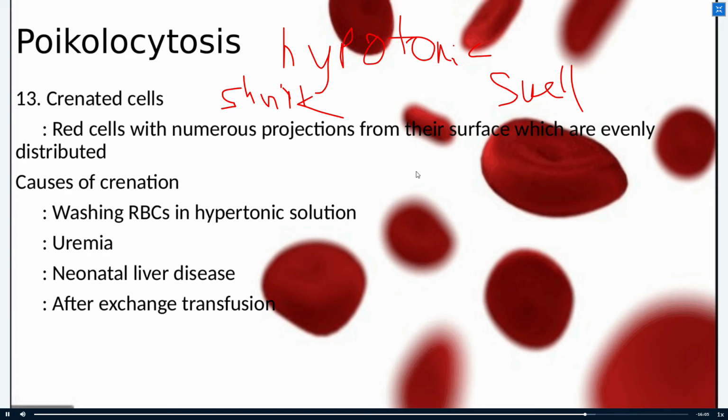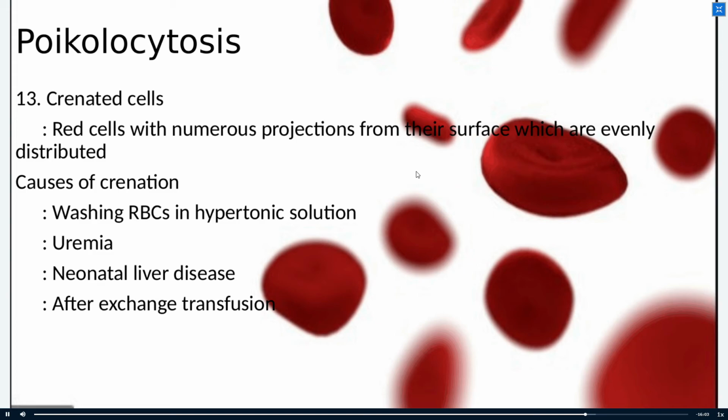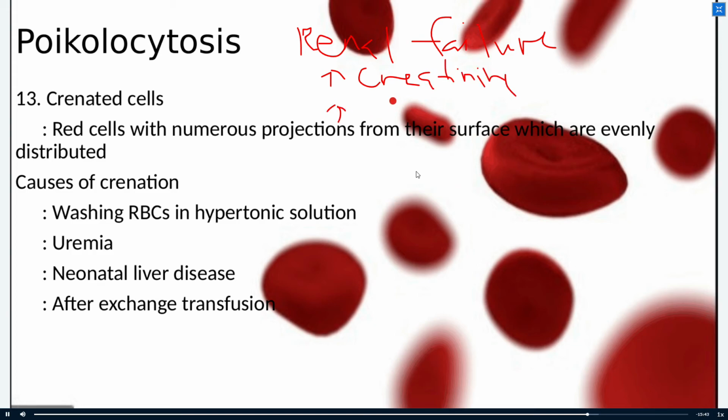Then you could also see them in uremia, class. So in uremia, this is caused by renal failure. Renal failure, wherein there is too much creatinine and too much BUN that are not excreted. Hindi na i-excrete. What happens, class, to creatinine and BUN kapag hindi sila na i-excrete?